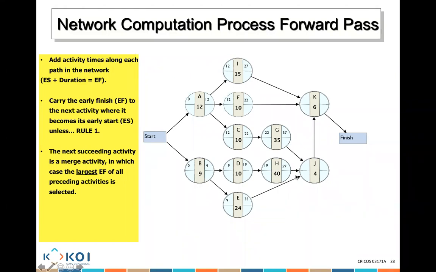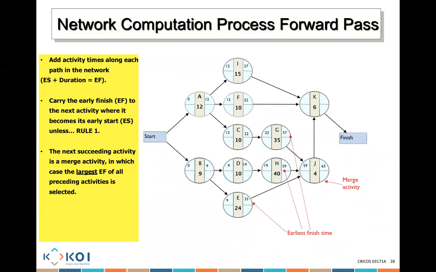Now, what is J? J is a merge activity. There's 33, 59, or 57, plus 4. Do I use 33, 59, or 57? 59. 59 is the largest. 59 plus 4? 63. Okay, I'll give you a second to comprehend this part.